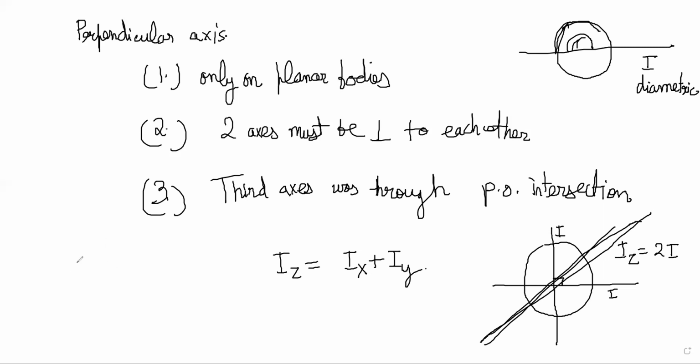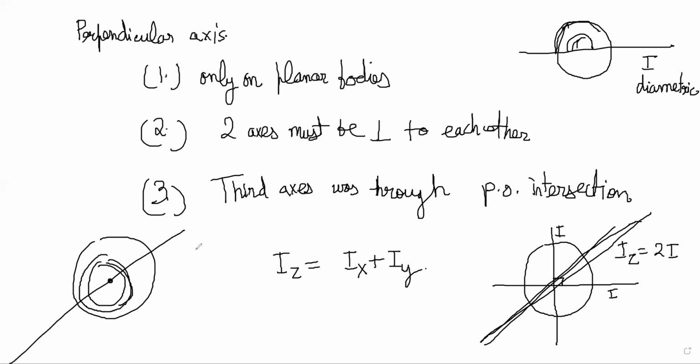Because there is circular symmetry for this axis, you can take ring elements. When you calculate, it comes out to be half mr square for a disk. So this I will become mr square by 4.